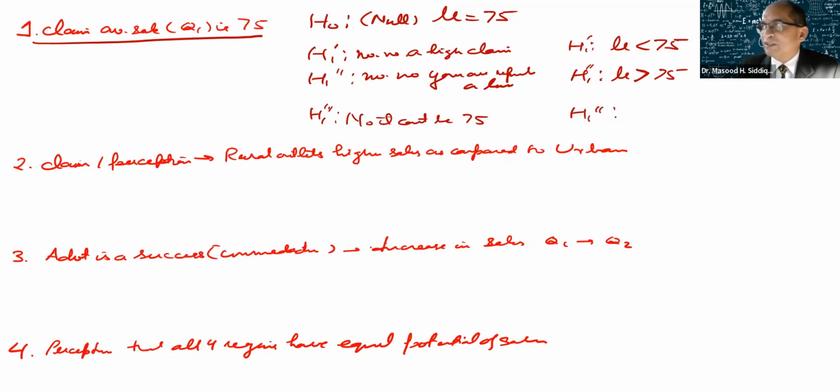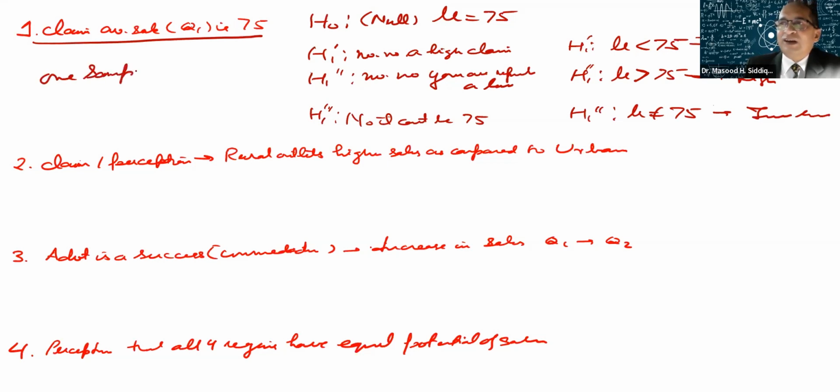So here the hypothesis can be mu is not equal to 75. Right? These two are known as one-sided or one-tail hypotheses. The first one is left, the second one is right, and this is the two-sided. Now, here only one sample is required to perform the test. So these types of tests are known as one sample tests.